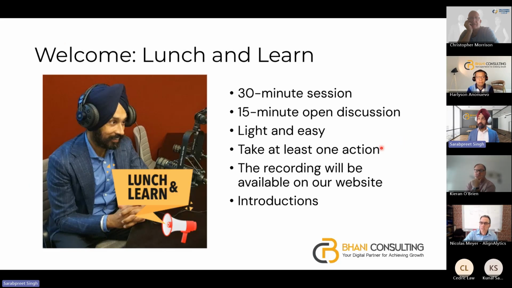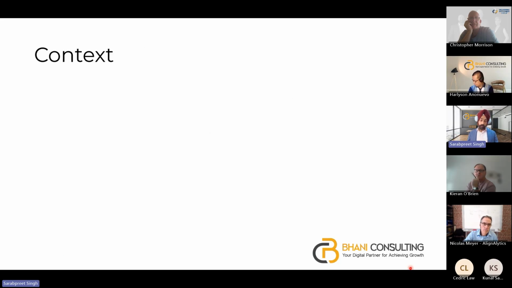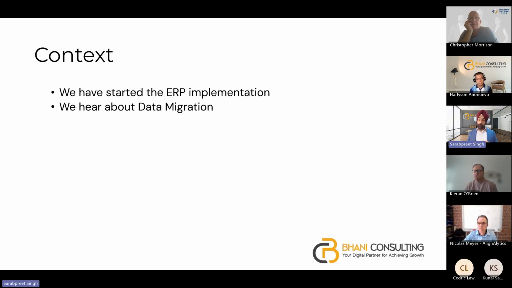Okay, so let's jump into the topic and we start with a context. The context is very simple. Imagine we are a client organization. This is a perspective from a client who has started the ERP implementation and they get to hear about data migration.